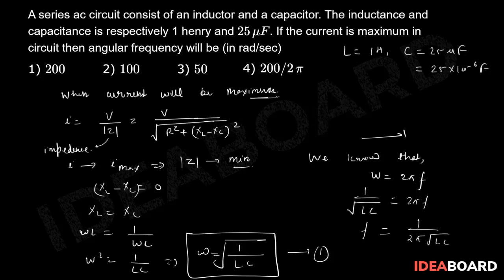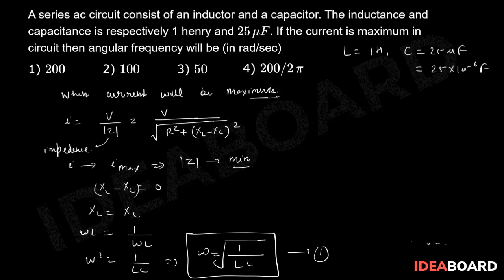Now we need to substitute the values in equation number 1. So if you put the values, omega is equal to 1 upon under root of LC, L is 1 Henry into C is 25 into 10 to the power minus 6, radian per second, right?